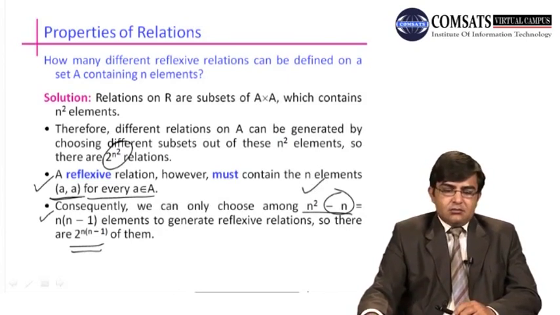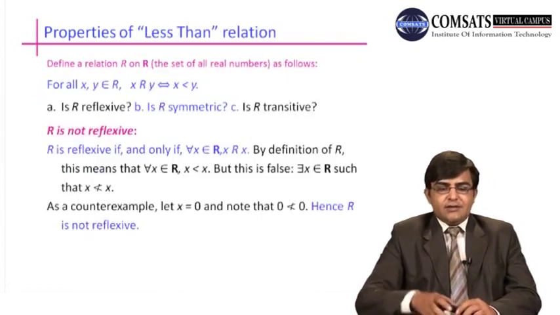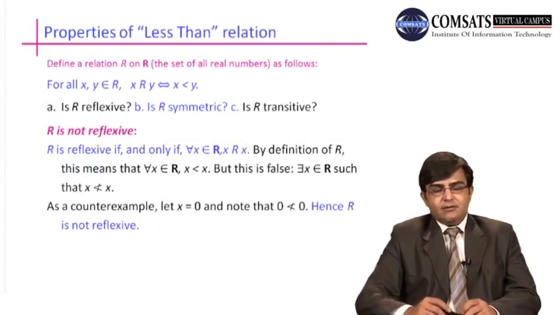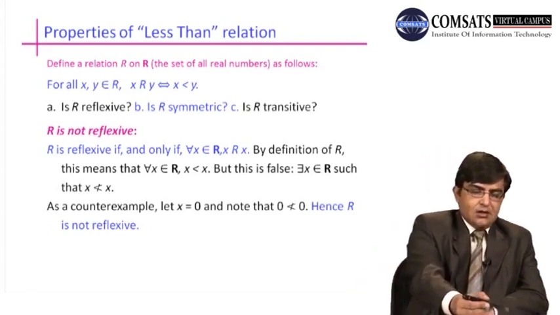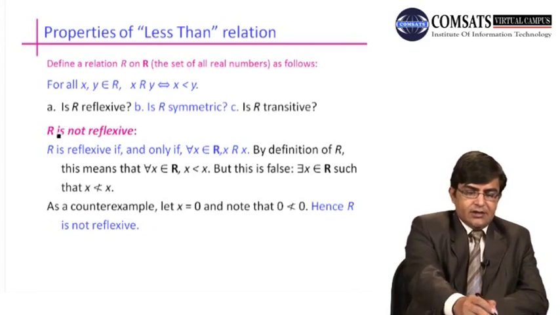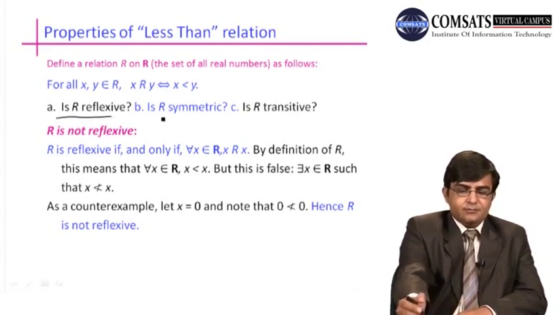So now we are going to discuss the properties of the less than relation. We shall prove whether this less than relation is reflexive, symmetric or transitive or not. This is what is demanded here in the question.